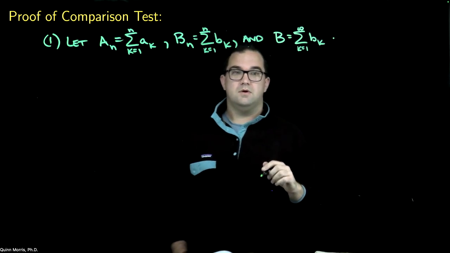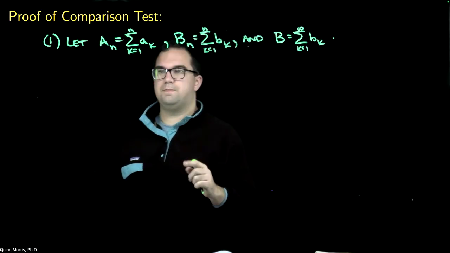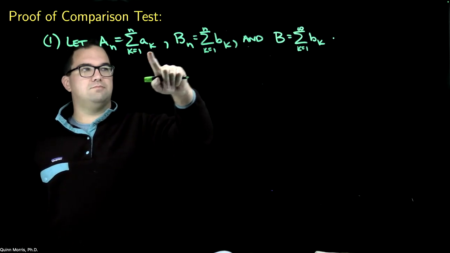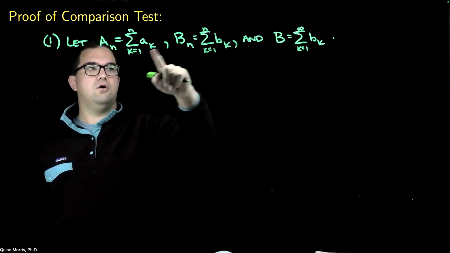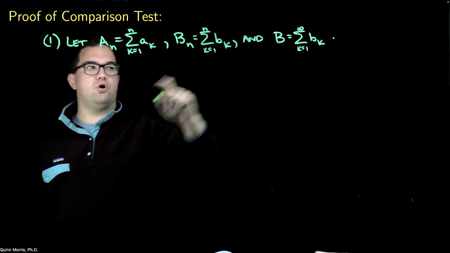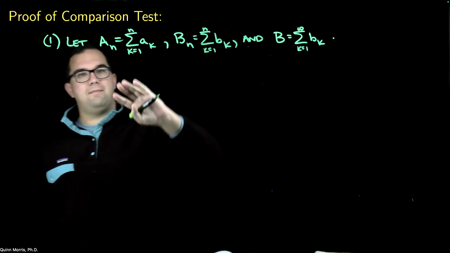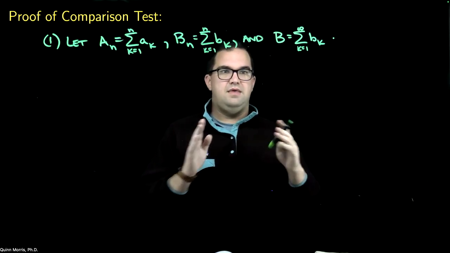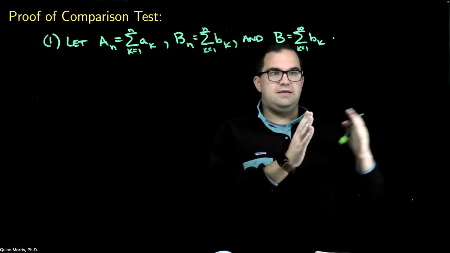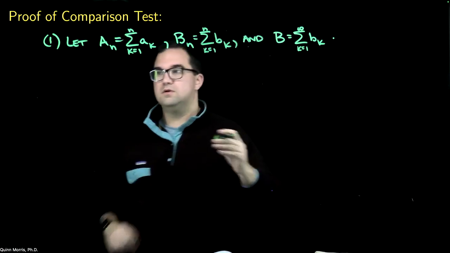Okay. All right. So the first thing to note, one of my assumptions is that at least eventually all of these terms are positive. So what I might want to do is break off the parts where the series actually satisfies that criteria.